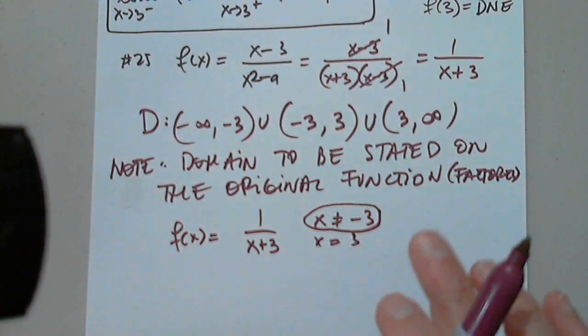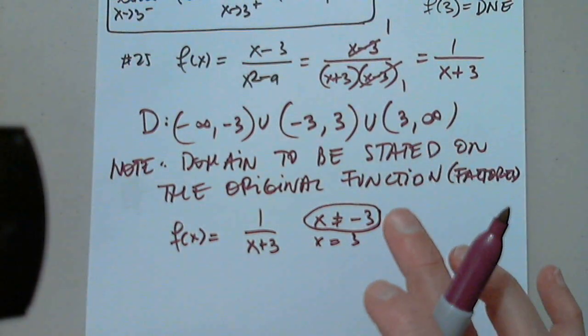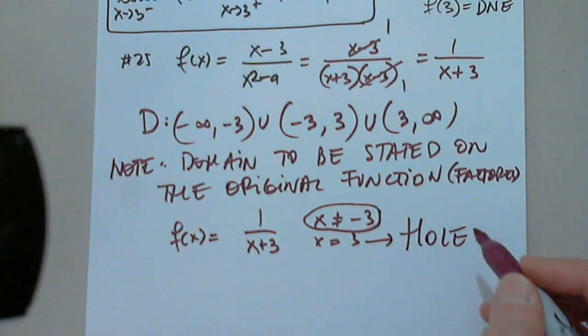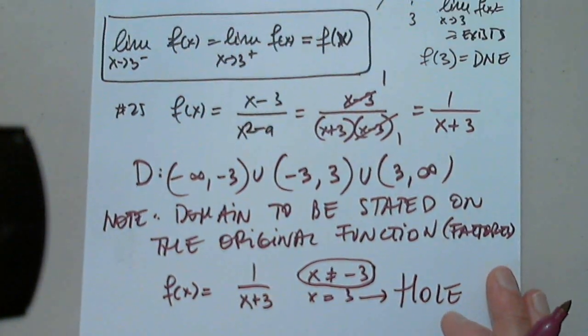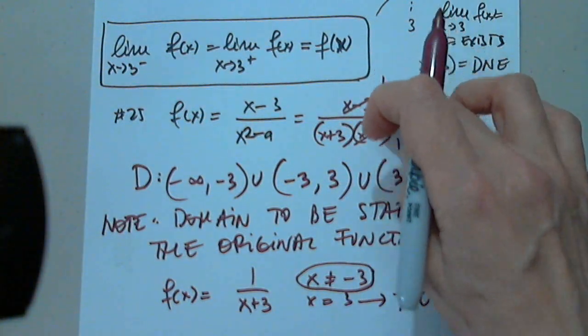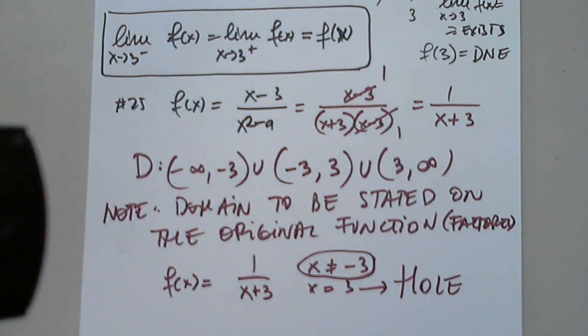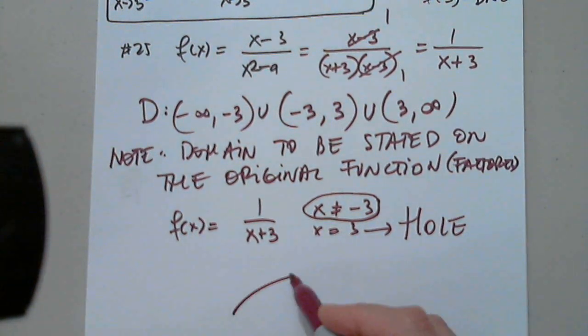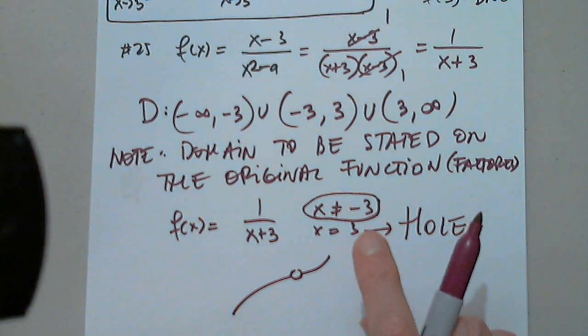So we know that at x equals 3, the function will have a hole. How do I know? It's because the factor went away. If the factor of x minus 3 from the top and the factor of x minus 3 from the denominator went away, the function has a removable discontinuity at 3.